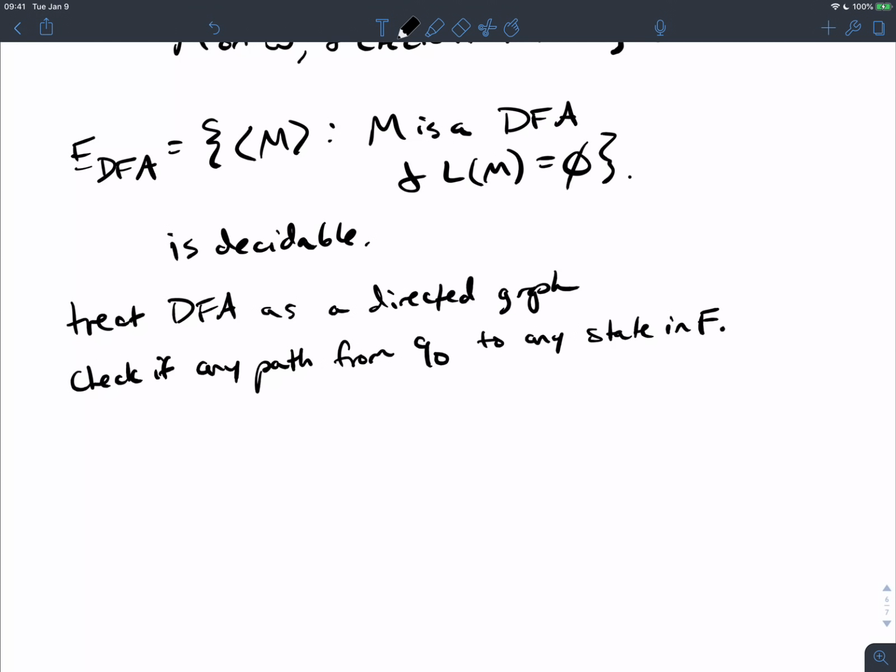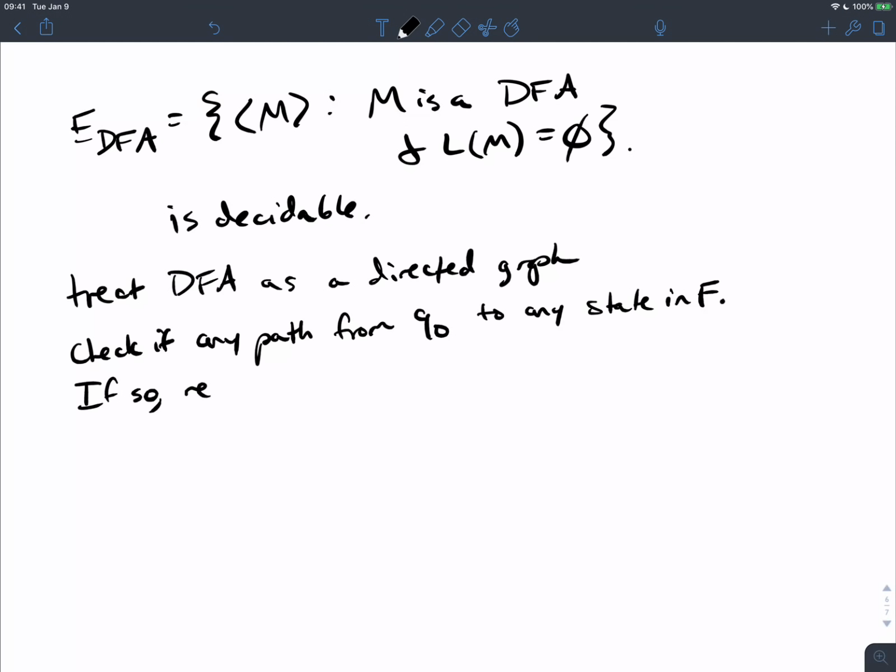If there is a path, then there must be some string that the machine accepts, and therefore the language is not empty. So we should reject, because we just showed the language of the DFA is not actually empty.